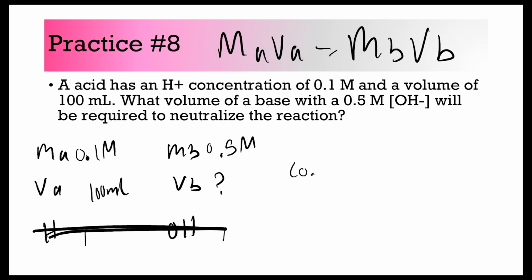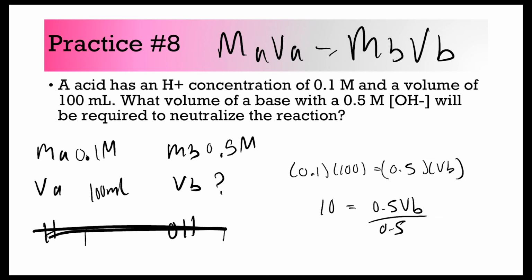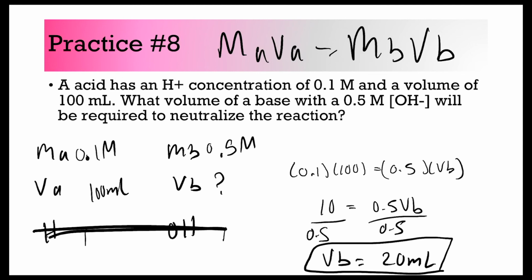Plug stuff in, you get 0.1 times 100 equals 0.5 times Vb. Do some math, you get 10 equals 0.5 Vb. Divide both sides by 0.5. The volume of your base is equal to 20 milliliters. And that is it.